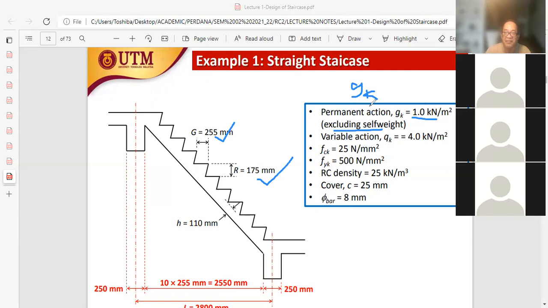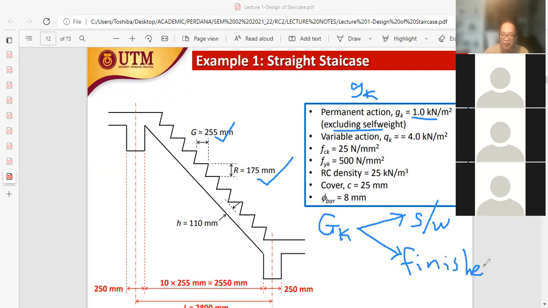The finishes. So GK, whenever we are doing RC structure, whether beam, slab, column, whatever, will always comprise basically two components. The primary one would be the self-weight component, and the secondary component would be the finishes. These are the two most basic load characteristics related to permanent action or GK.